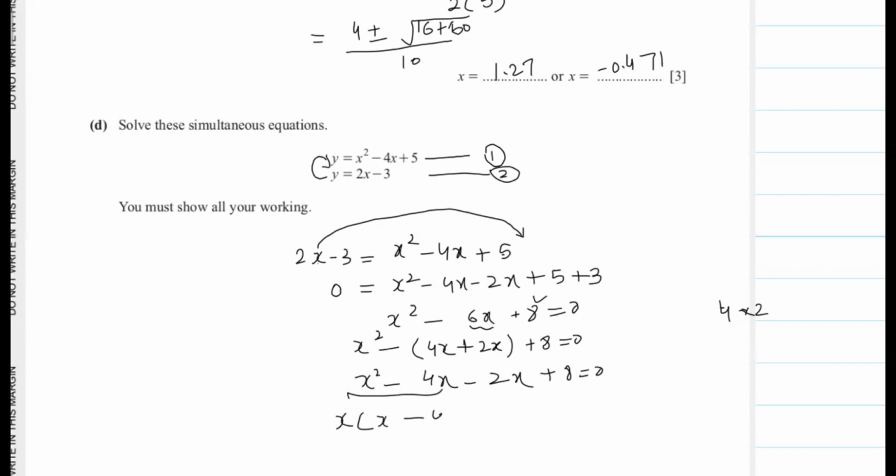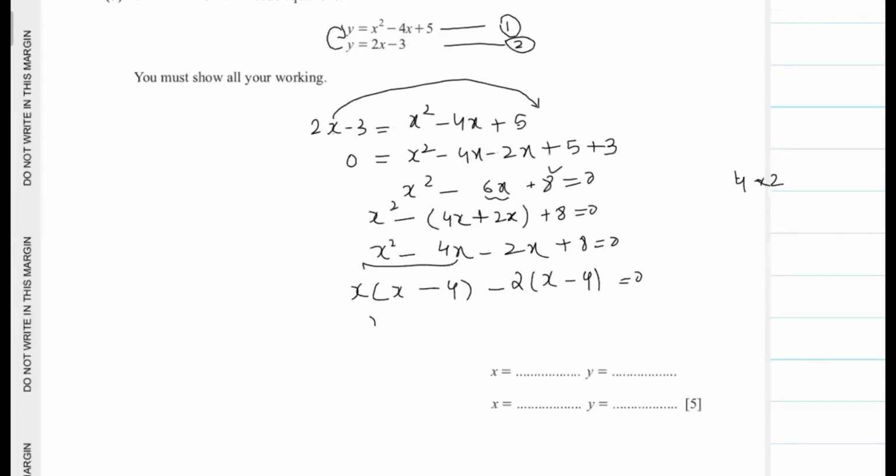This becomes x into x minus 4, and next we take common minus 2, this becomes x minus 4 equal to 0, and x minus 4 is common here, therefore this value becomes x minus 2 equal to 0, and here are two possibilities, x minus 4 equal to 0 or x minus 2 equal to 0. Therefore at x minus 4 equal to 0, x will be equal to 4 and this x equal to 2.